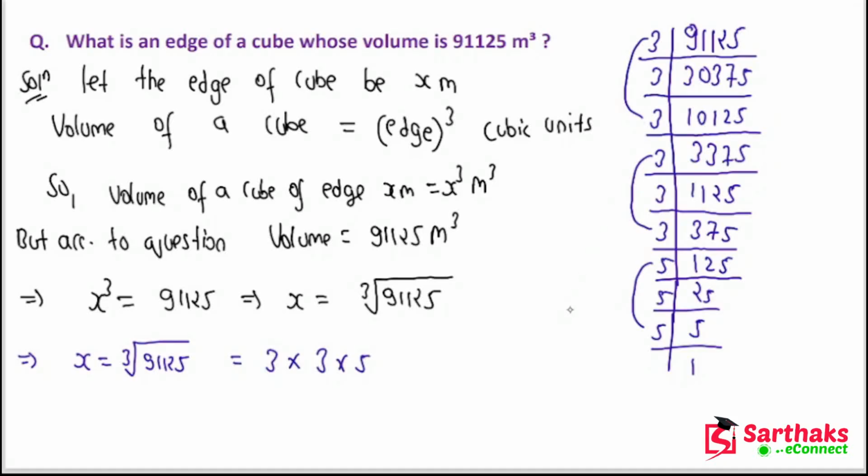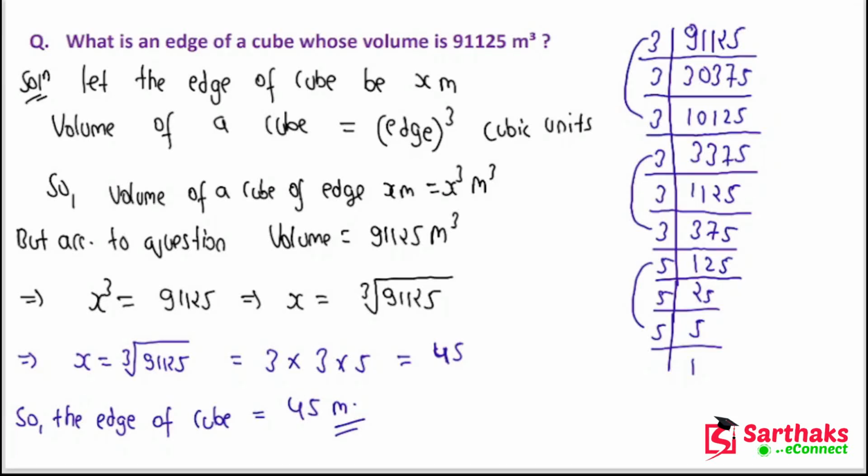Okay, we are directly taking one factor, that is how we apply the method, which is equal to 9 into 5, that is 45. So x has come to be 45, so the edge of the cube is equal to 45 meter, right?